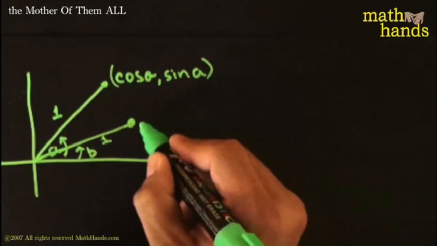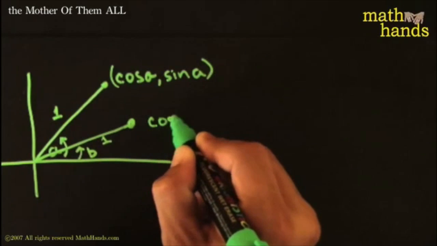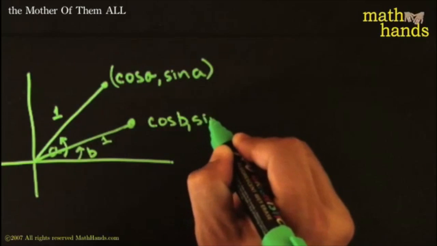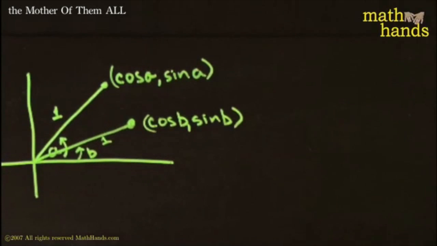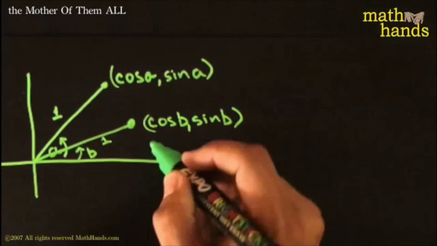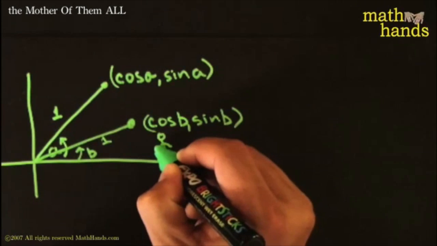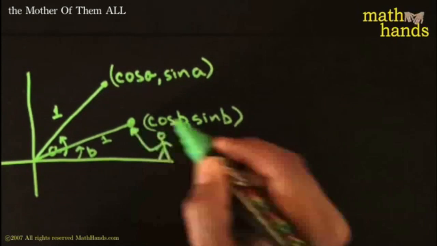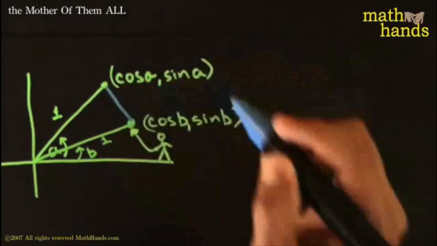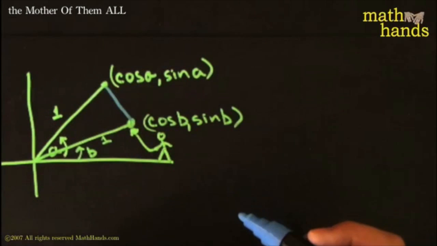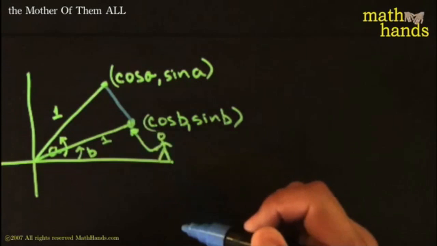And then that means the coordinates here would have to be cosine B, comma sine B. And then the idea would be to pretend that there's some person here, some guy or girl, and this person is holding up the triangle with their hands, and of course you need a triangle to hold up this triangle right here, and it's preventing it from falling. And they're kind of like smelling their armpit or something, raising their hand and holding the triangle.